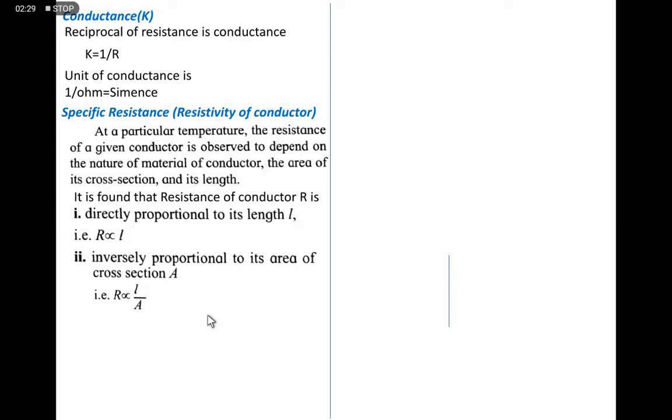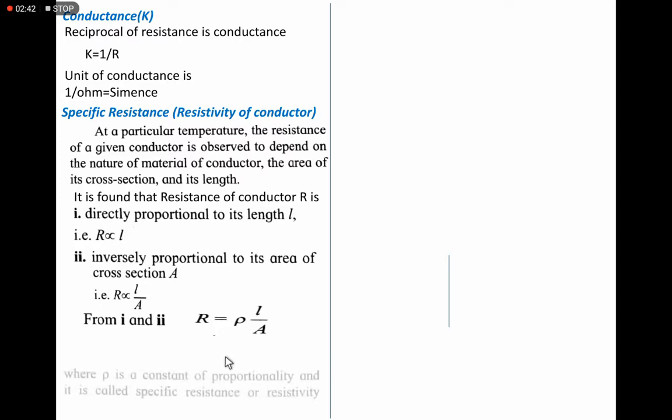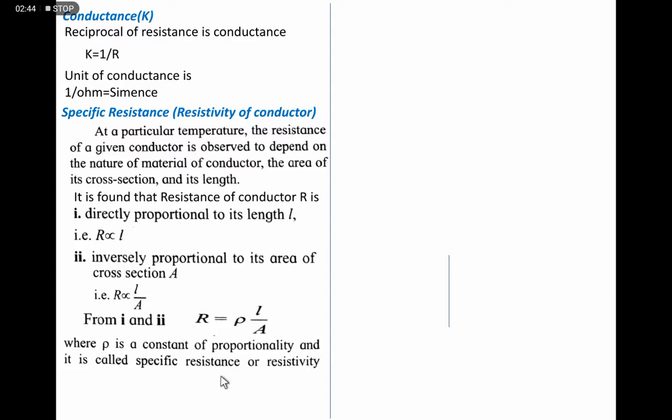So by these two statements we'll write R is equal to rho L divided by E. Rho is the proportionality constant and is known as the specific resistance or resistivity of the conductor.